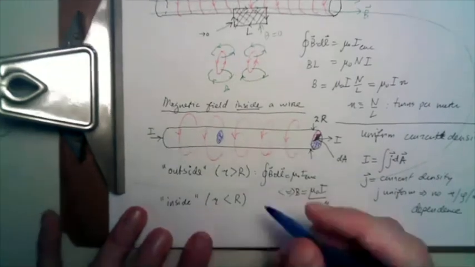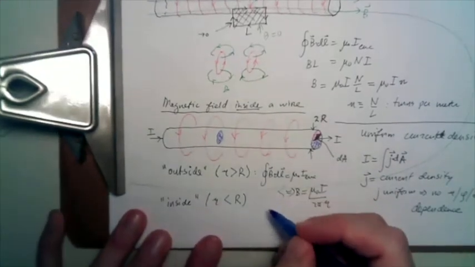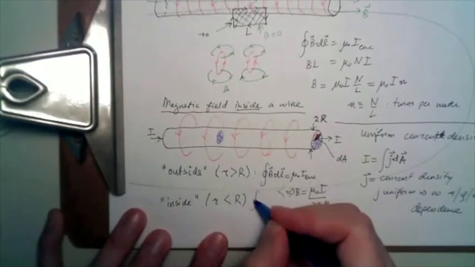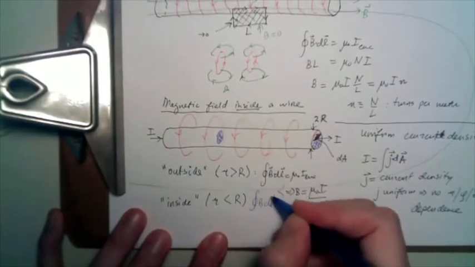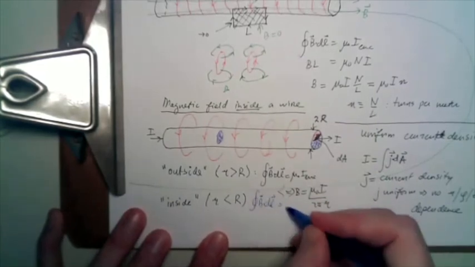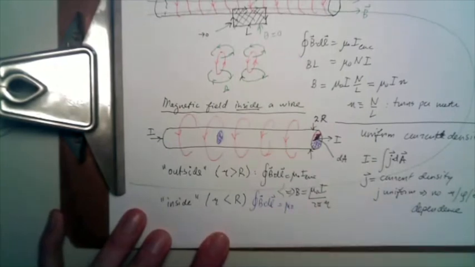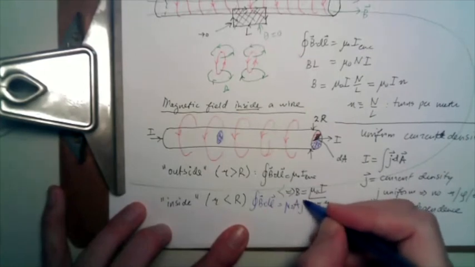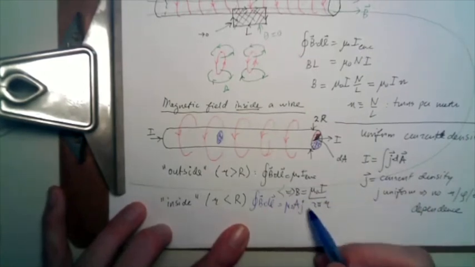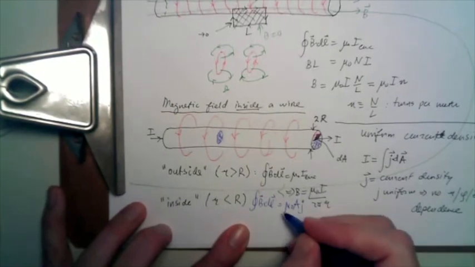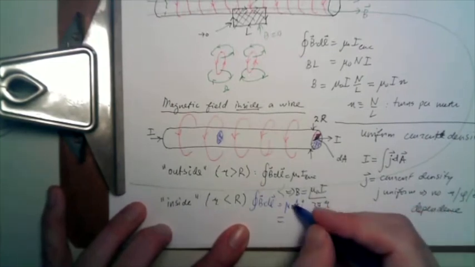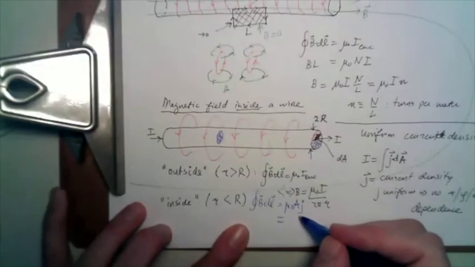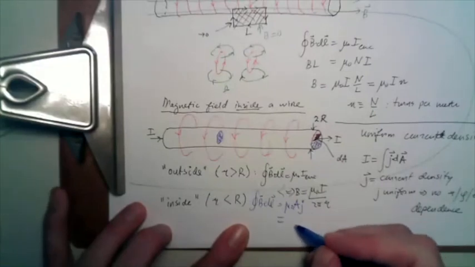So on the inside, we have B dL is mu naught I enclosed, and I enclosed in this case would be the surface area A times the current density J. You could write that as an integral, but integrating something that's constant would be rather silly.